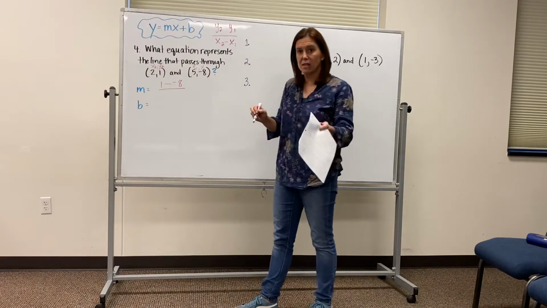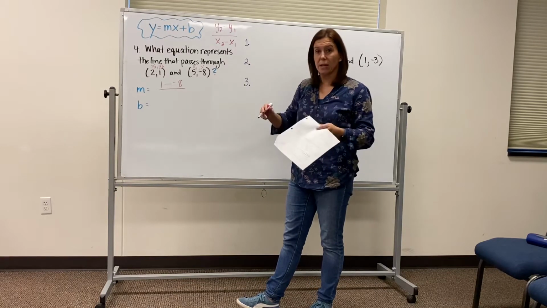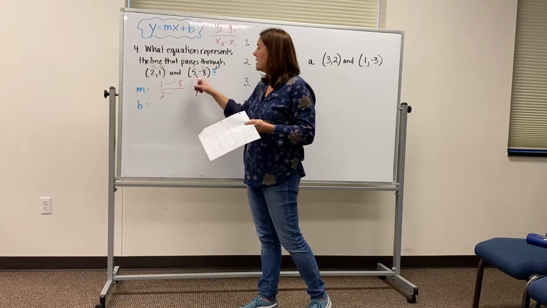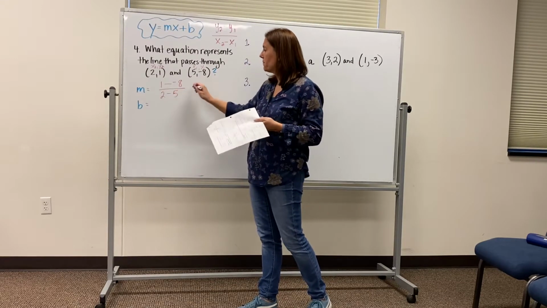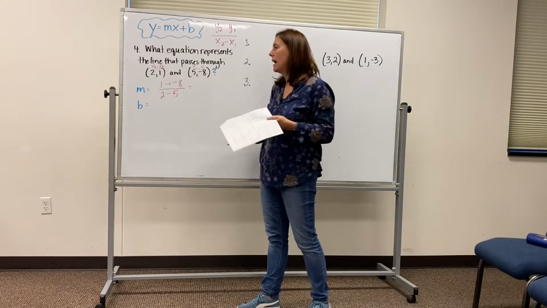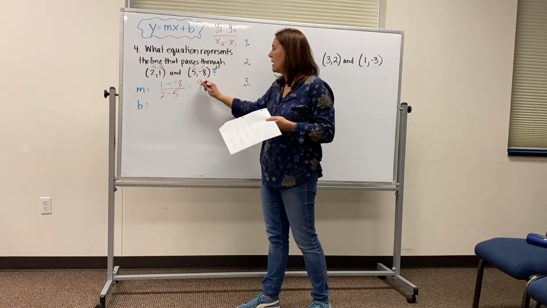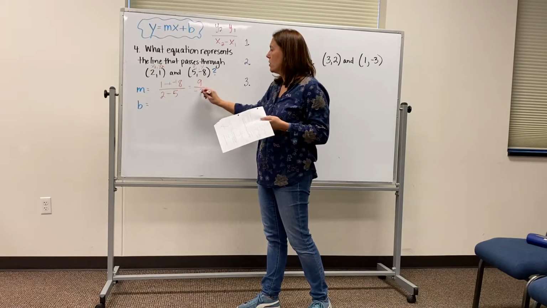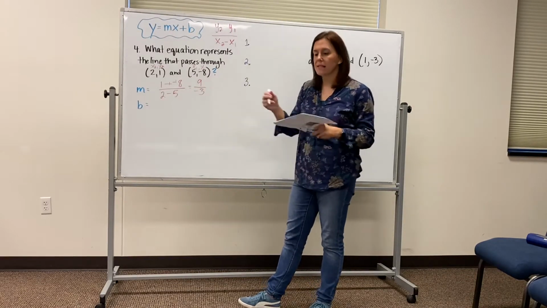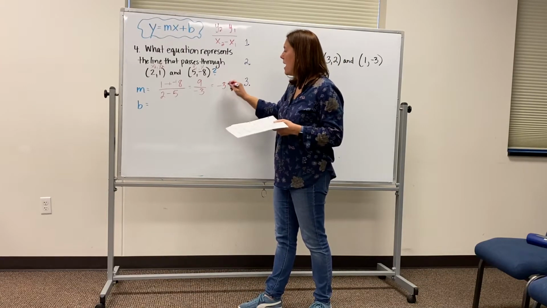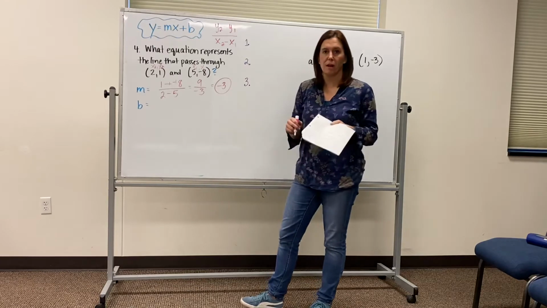So I'm going to leave it in subtraction first, and then I will clean up my negatives. Over x2 minus x1. Well, anytime I subtract a negative, I know I am adding. So I get 9 over 2 minus 5, which is -3.